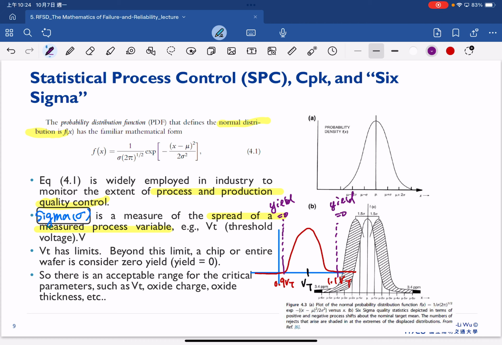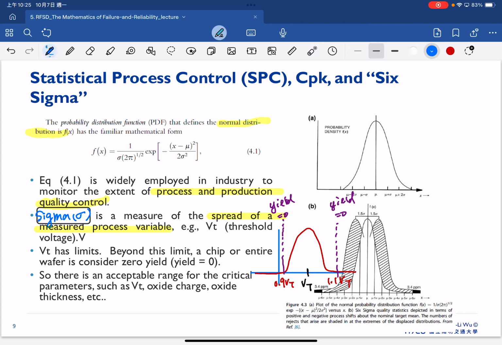So that's the meaning for this text. First, we employ this normal distribution function, and then we can define a boundary. Once beyond this boundary, we consider the yield to be equal to 0. Also, with some basic information in the normal distribution function, we all know with 1 sigma, this is the center value, and this is minus 1 sigma, plus 1 sigma.